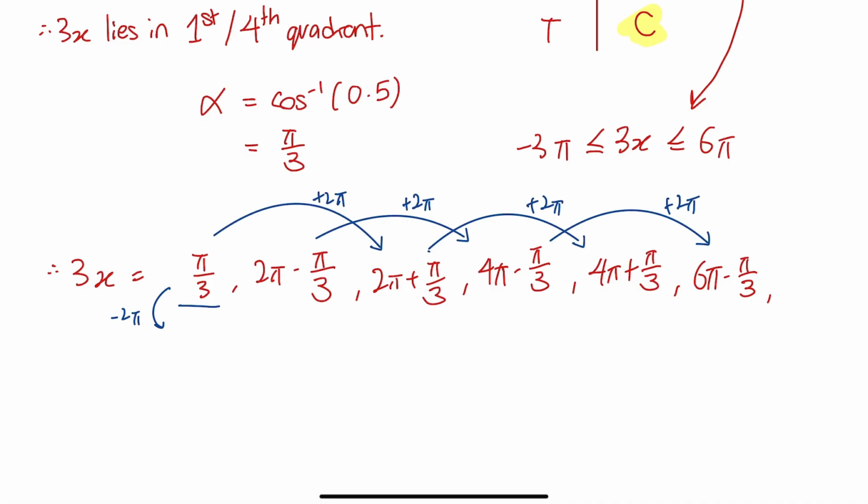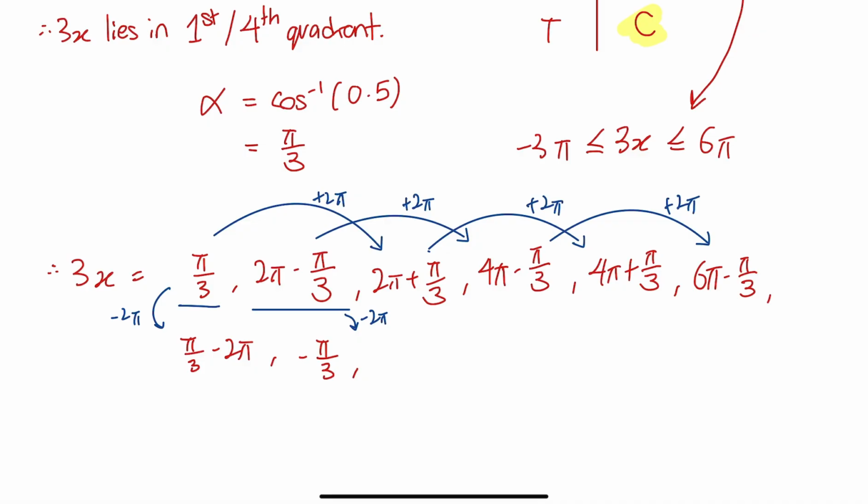I have another solution, which is pi over 3 minus 2 pi, still within the range. Next solution here, 2 pi minus pi over 3, I can also minus away 2 pi. I will get negative pi over 3, and still within the range.